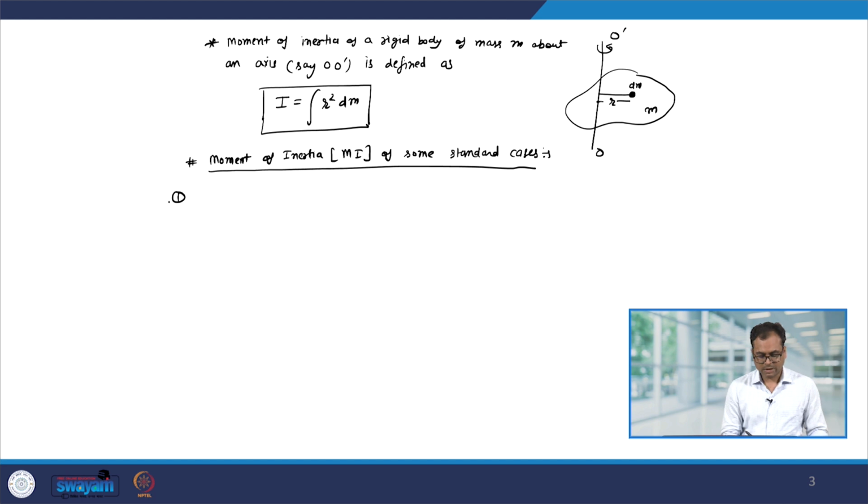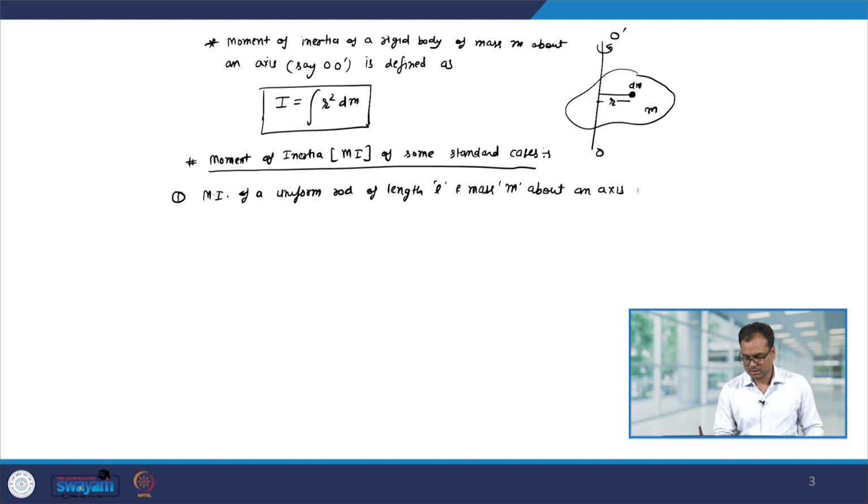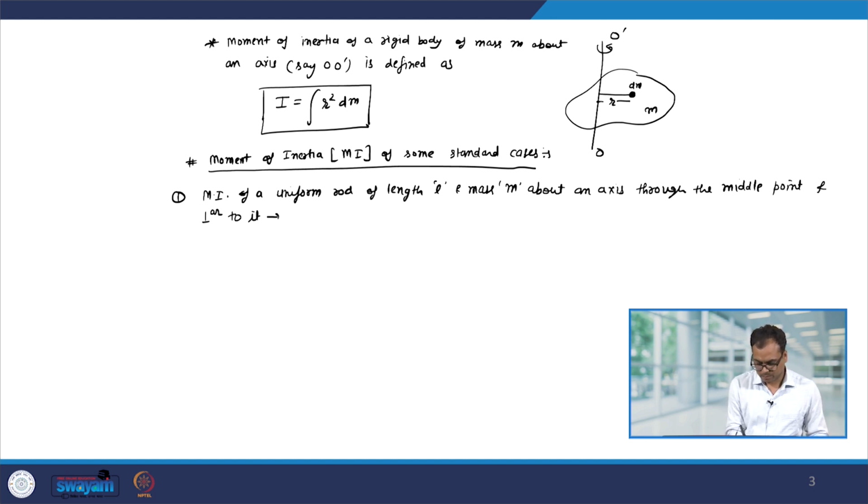Okay. So, first let us look at the moment of inertia of a rod. Moment of inertia of, let us say, a uniform rod of length L and mass m about an axis through the middle point and perpendicular to it.